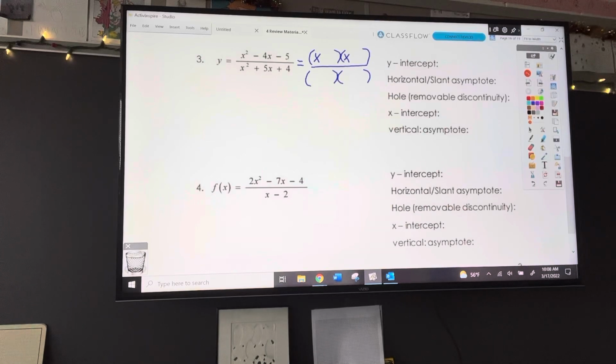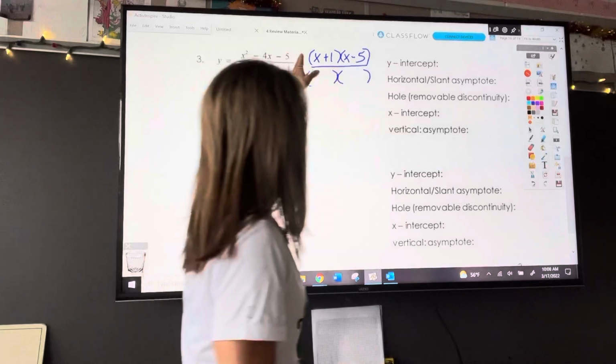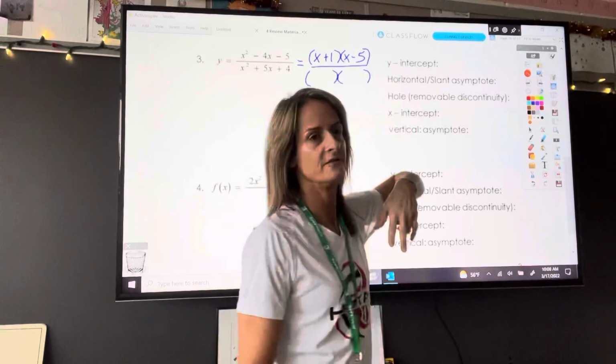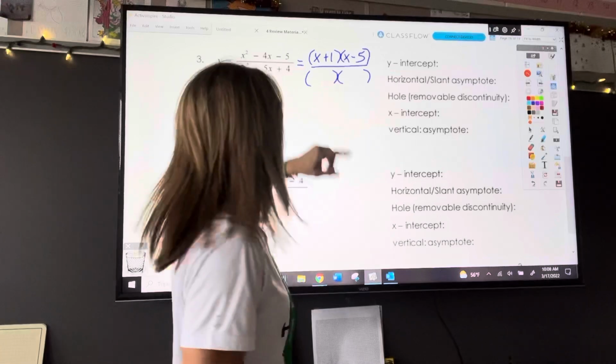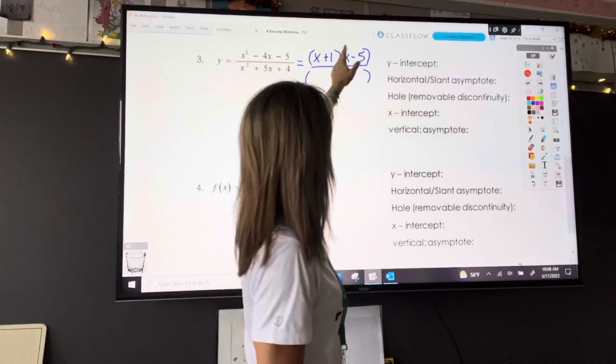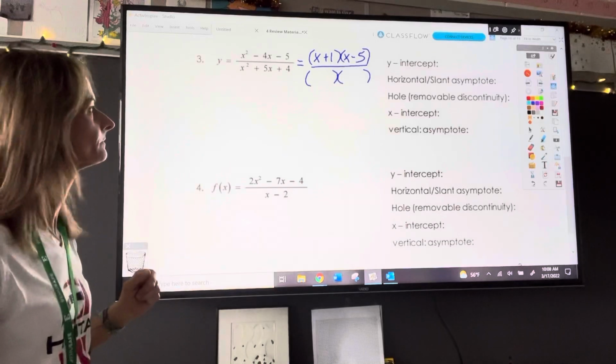Okay, I have got, is that x plus 1 and x minus 5? I think that works. Because x times negative 5 is negative 5x, and then 1 times x is 1x for a total of negative 4x's, and then 1 times negative 5 is negative 5. So we're good. Questions on factoring?